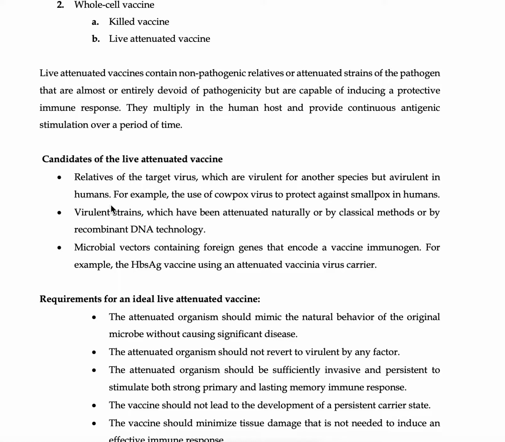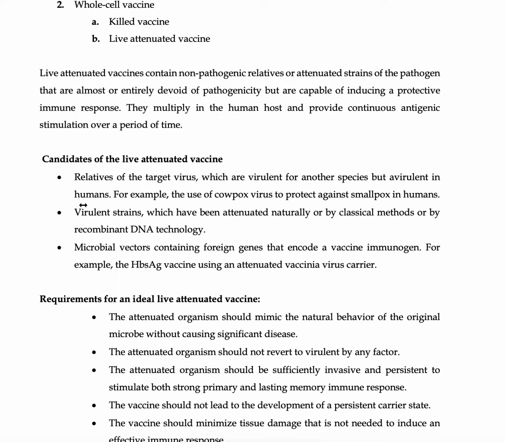For example, for a long time, cowpox virus was used as a vaccine to protect humans from smallpox. Cowpox is a relative of smallpox, right? Cowpox cannot cause disease in the human, but it can induce immunity in the human, and this induced immunity can protect the human against a smallpox infection. So a relative of the target virus can be used as a candidate for live vaccine.